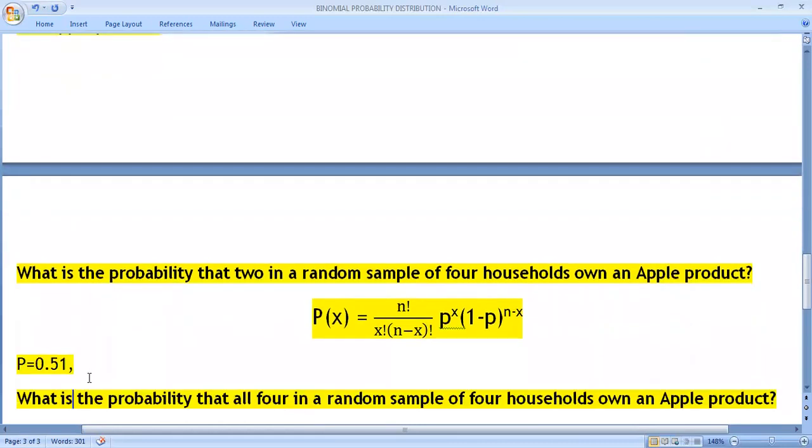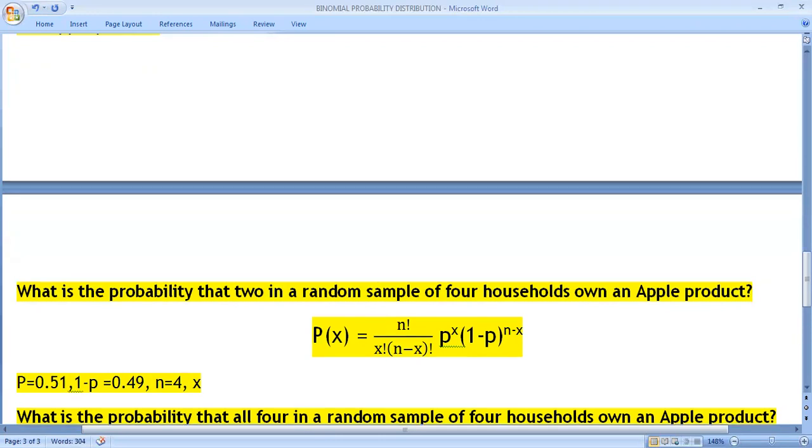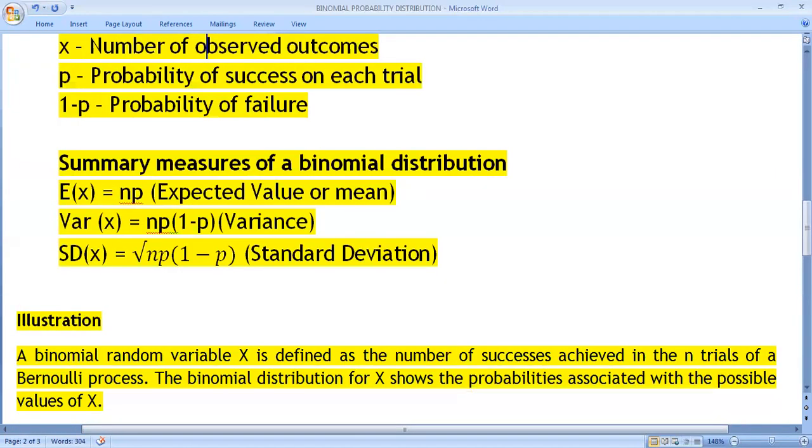So our P is 0.51. Then 1 minus P, the probability of failure, equals 0.49, which is 1 minus 0.51. Then N, the number of trials, equals 4. Then X, the number of observed outcomes, equals what?